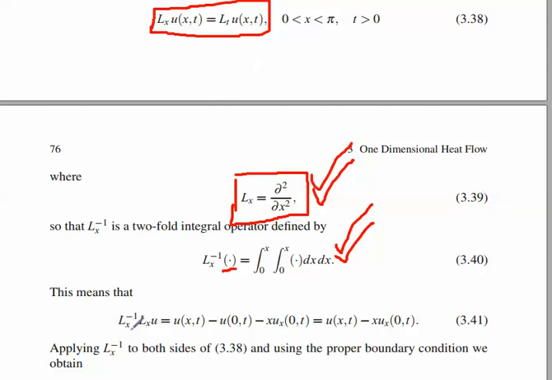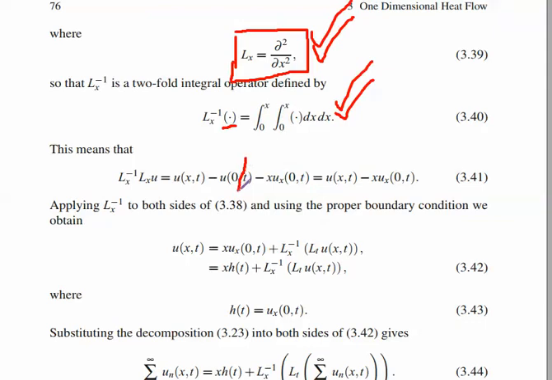Once we apply this invertible operator on both sides of the above equation, it reduces to exactly this form: L_x^-1 L_x u, where u is a function of x, t, is equal to u of x, t minus u of 0, t minus x u_x of 0, t. Here the boundary is 0, so it vanishes, and this value x u_x of 0, t is exactly the zeroth order solution.